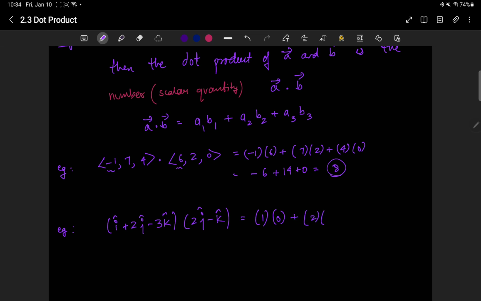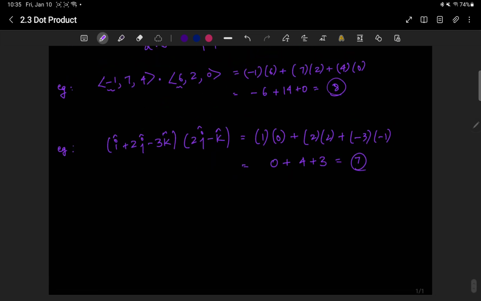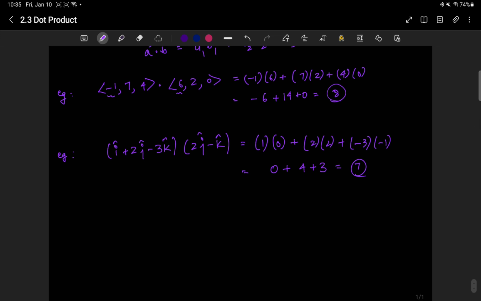I will take the j components, then I will take the k components, multiply each with their respective values, and then add them up. Oh, sorry, 3 times 1 is 3. So this comes out to be 7. So remember, it's not a vector. What it gives us is a number. It gives us a scalar. We will see what that scalar quantity represents in a little bit.